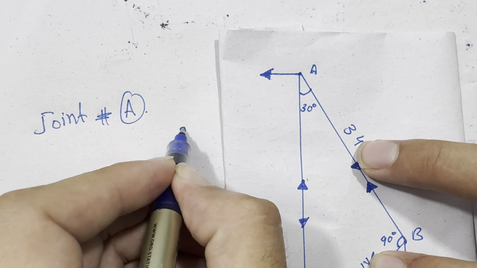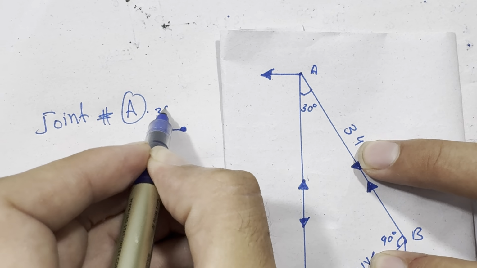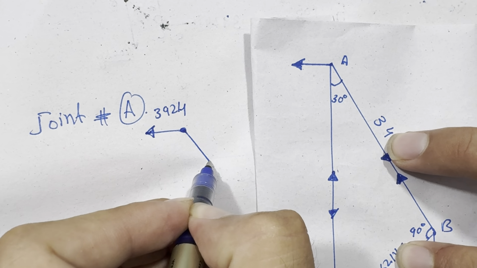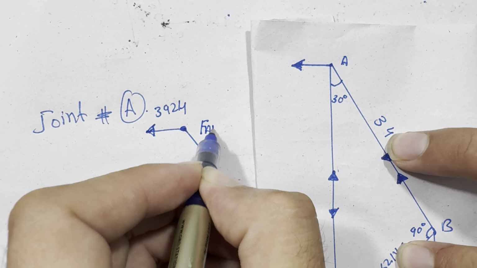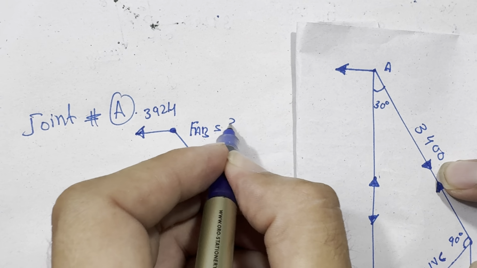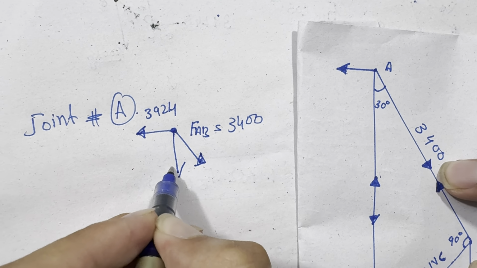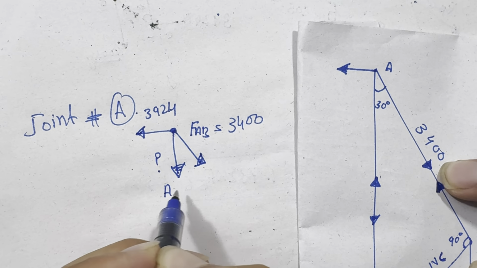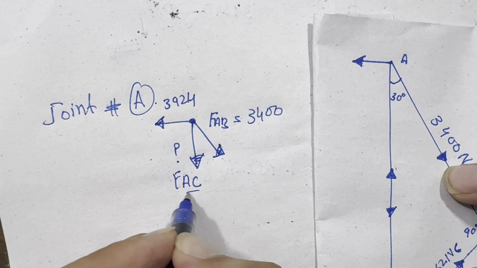One is the reaction force, which is 3924 Newton, another is FAB, which is equal to 3400, and the other is unknown, FAC. So we will find this.